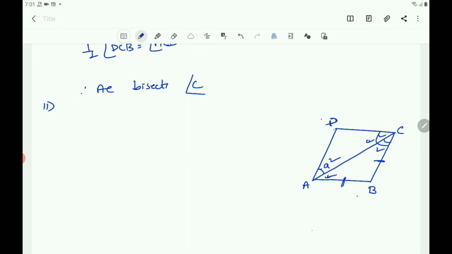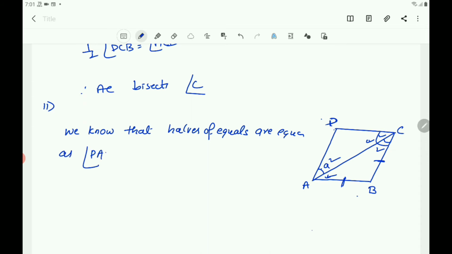So, we know that halves of equals are equals. Therefore, half of equal angles. You know that in a parallelogram, angle DAB equals angle DCB.